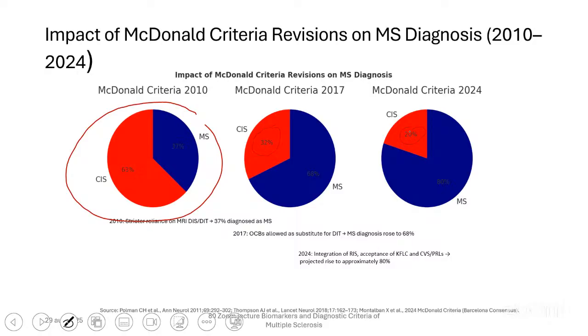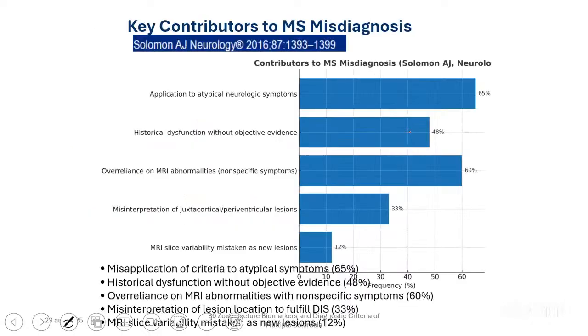So the diagnostic accuracy has tremendously improved. There are some contributions to MS misdiagnosis, like atypical neurological symptoms, 65%. Historical dysfunction without objective evidence, people say things, 48%.